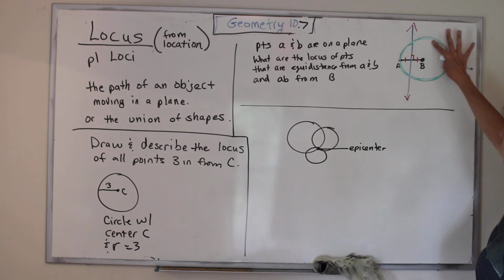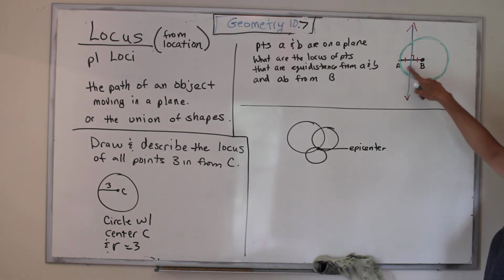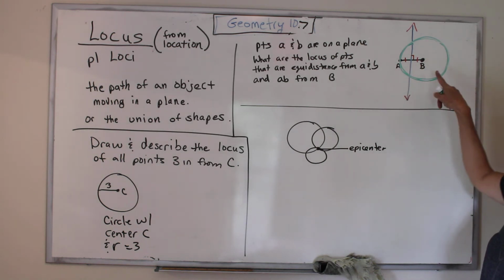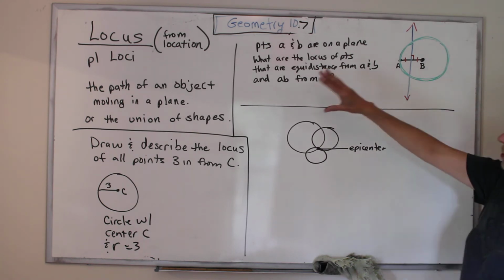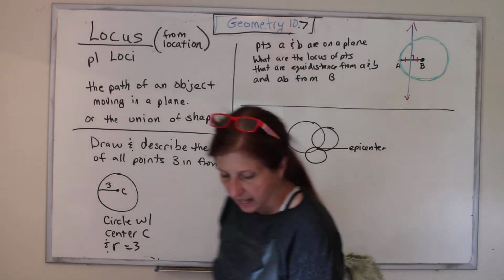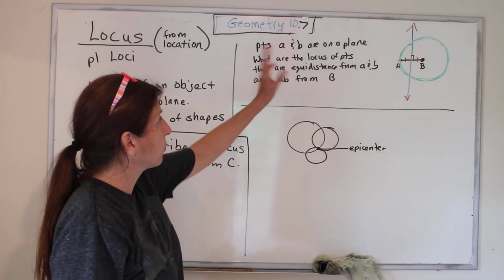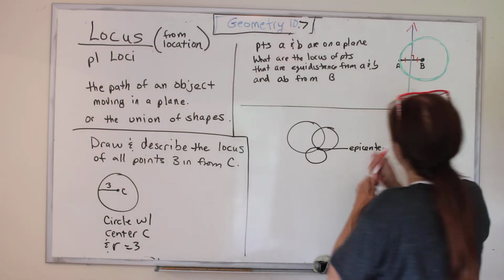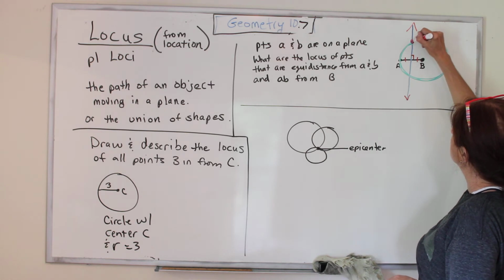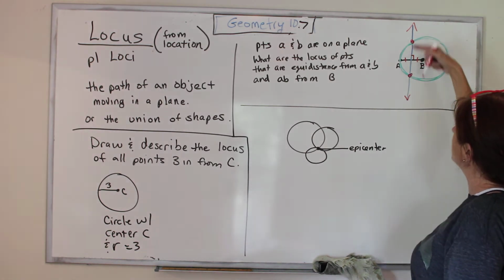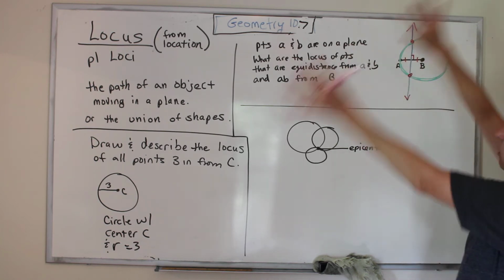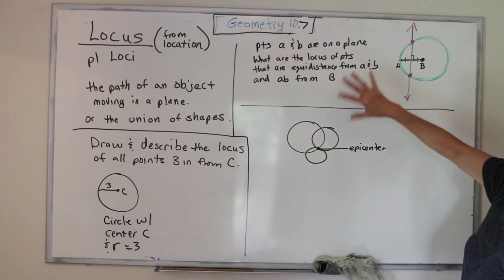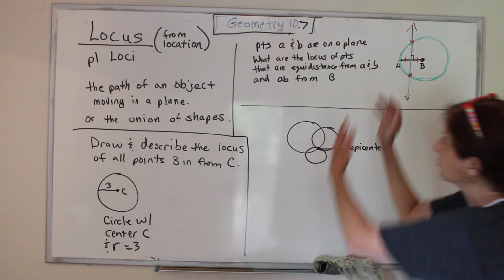So what we have is a circle whose radius is AB, and B is the center, and the locus of points that meet the criteria of all of this is just right there and right there. That's the union. That's the 2 points in all the world that meet this description of points.